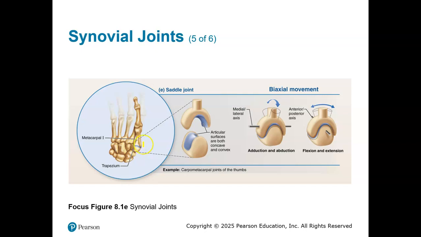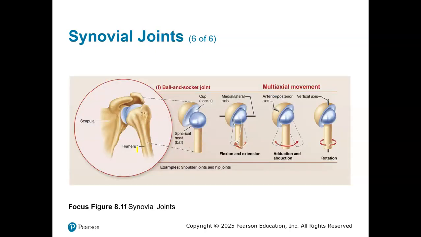That's only for the first metacarpal, the one that connects to the thumb. That joint fits like a saddle, like if you're sitting in a saddle, so it's called a saddle joint. But the ball and socket is your hip and your shoulder joints.